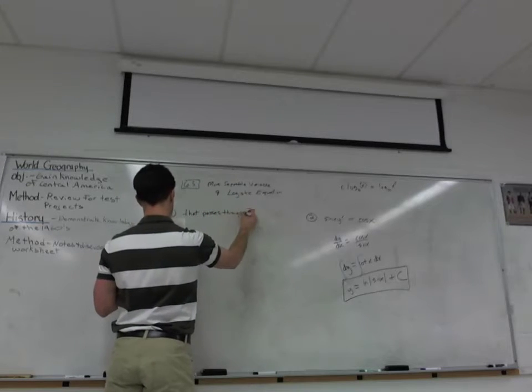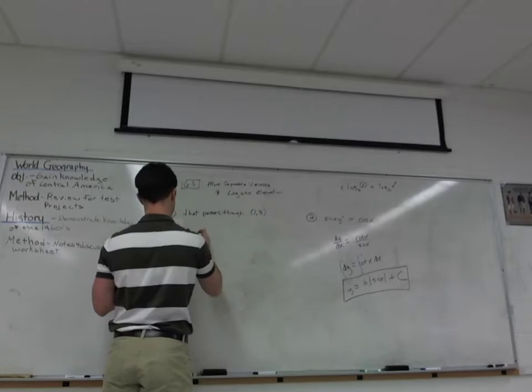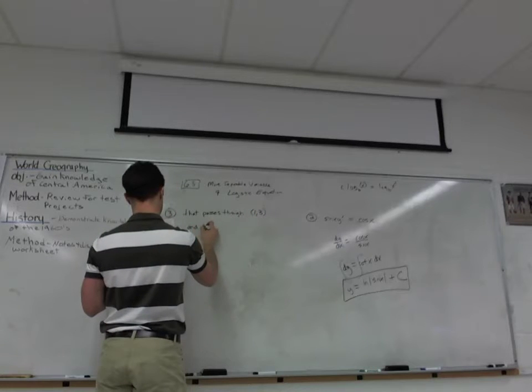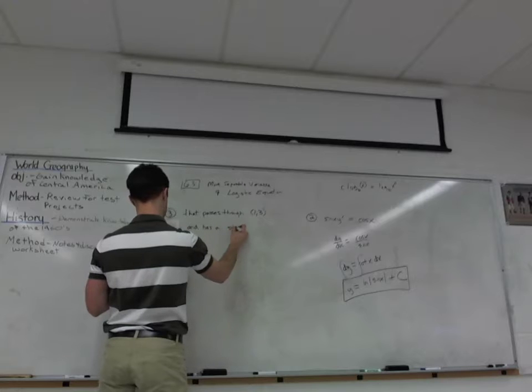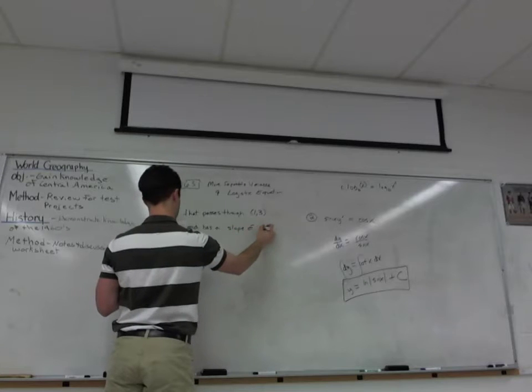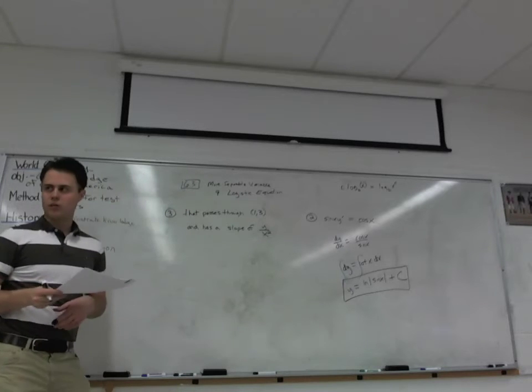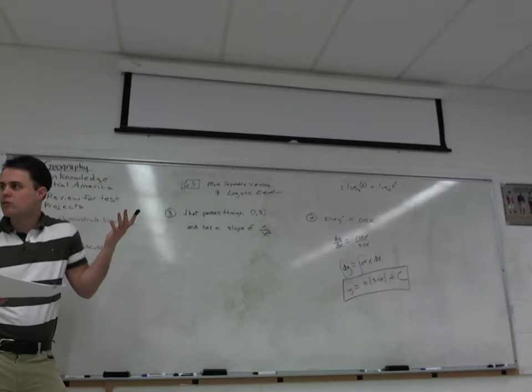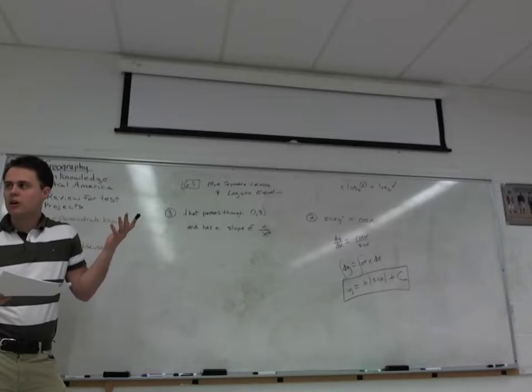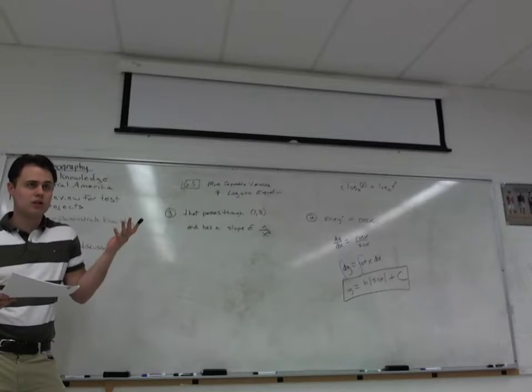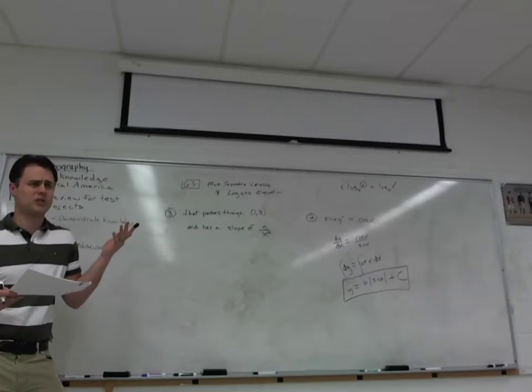and has a slope of y over x squared. We had these kind of problems at the beginning of the course. Do you remember this? Sometimes they gave us a derivative and said, find the tangent line. This is really similar to that.